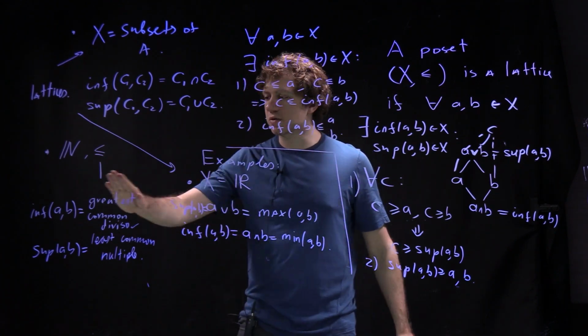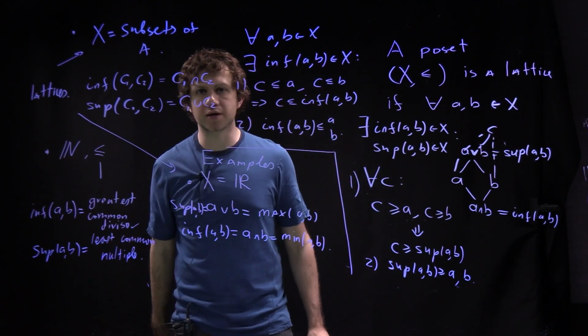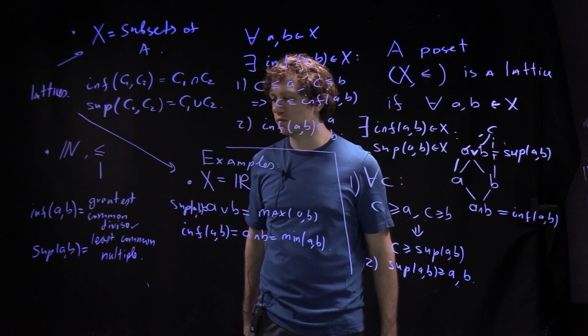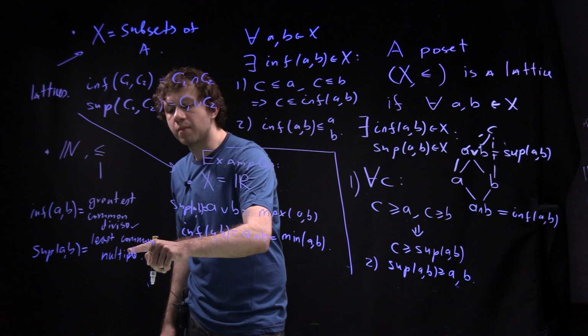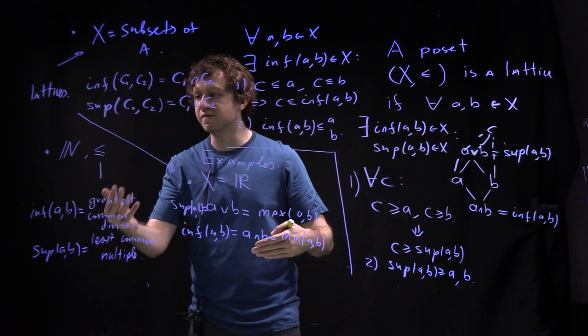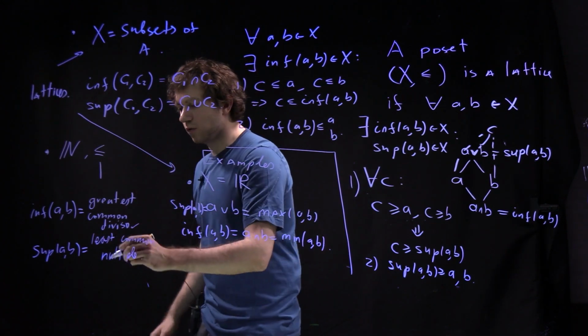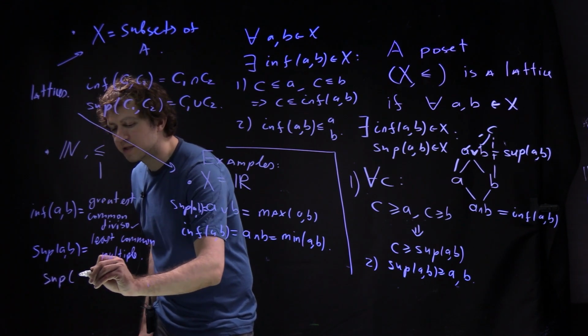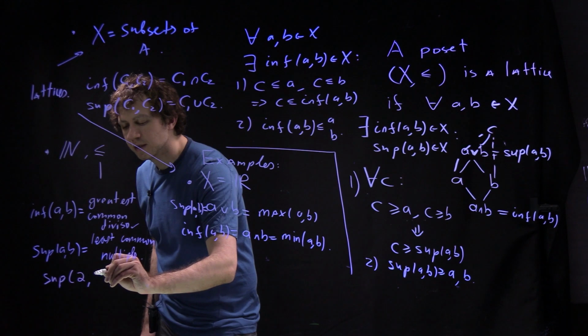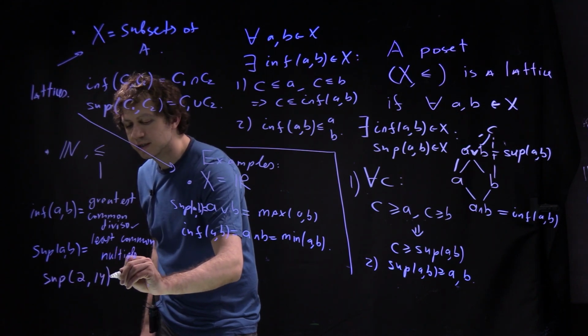So we will discuss this concept in detail in the first lecture about arithmetic in a few days. And the supremum of A and B is the least common multiple. It's the smallest number which is divisible by both A and B. So for instance, if I take in this notation the supremum of, for instance, numbers 2 and, let's say, 14, that's 14.